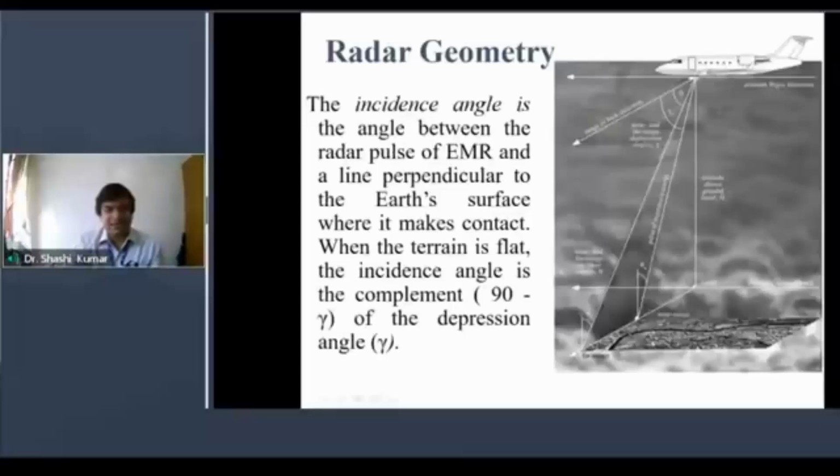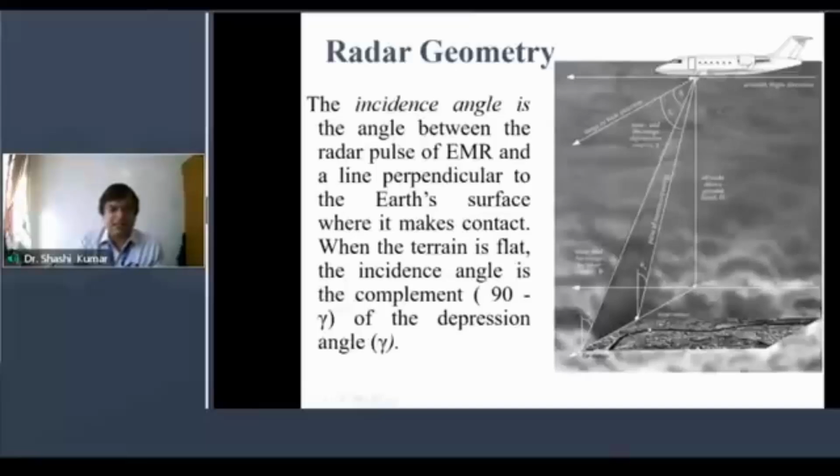After scattering, the electromagnetic wave which is incident on the object will scatter in all possible directions, but it might be possible that some amount of the scattered energy will go towards the sensor, so that the sensor will be able to generate images based on the energy which is returning towards it.